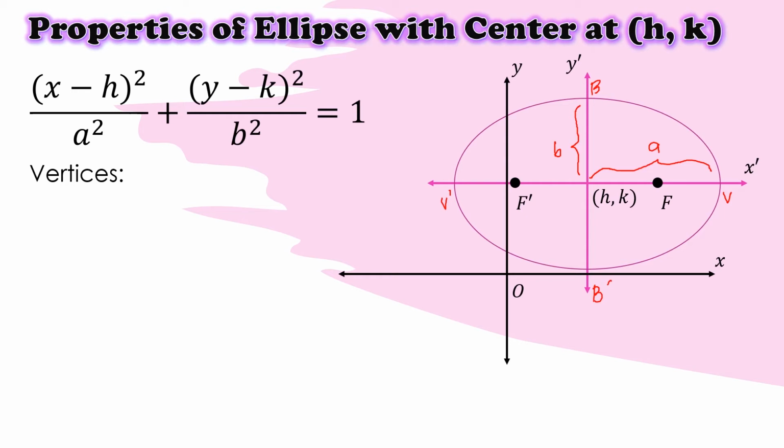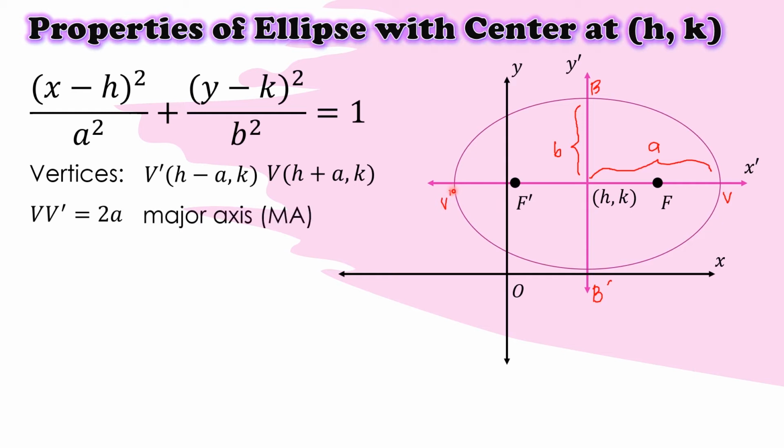Hence, the coordinates of the vertices of the ellipse will be at (h minus a, k) and (h plus a, k). The distance between the vertices is the major axis of the ellipse, and that is of length 2a.